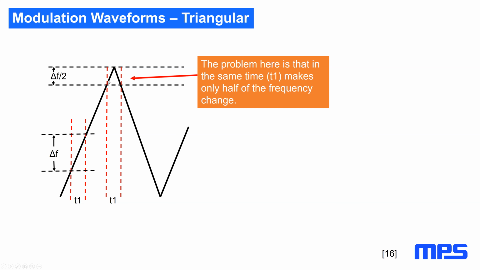But the problem is that in the turnaround point we spend double the time in that frequency, or at the same time we only move through half the frequency because we're moving backwards. So the area where we go backwards in frequency is always the problem area, and there we would get less attenuation.